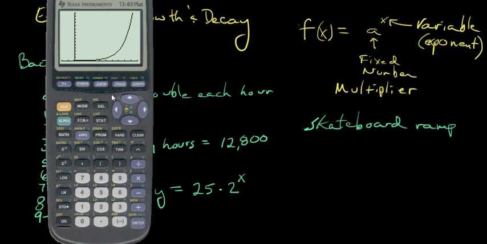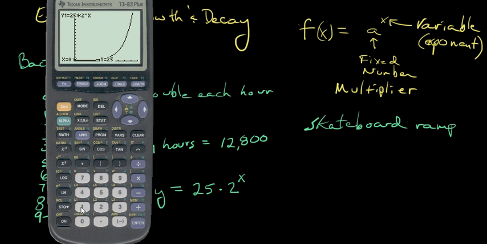Okay, so let's see if we can trace. At x equals 0, let's hit enter. And y equals what? Equals 25. It's barely above the x-axis there, isn't it? Because the y-axis goes up to 15,000. So 0 and 25. At 0 hours, you've got 25 bacteria.